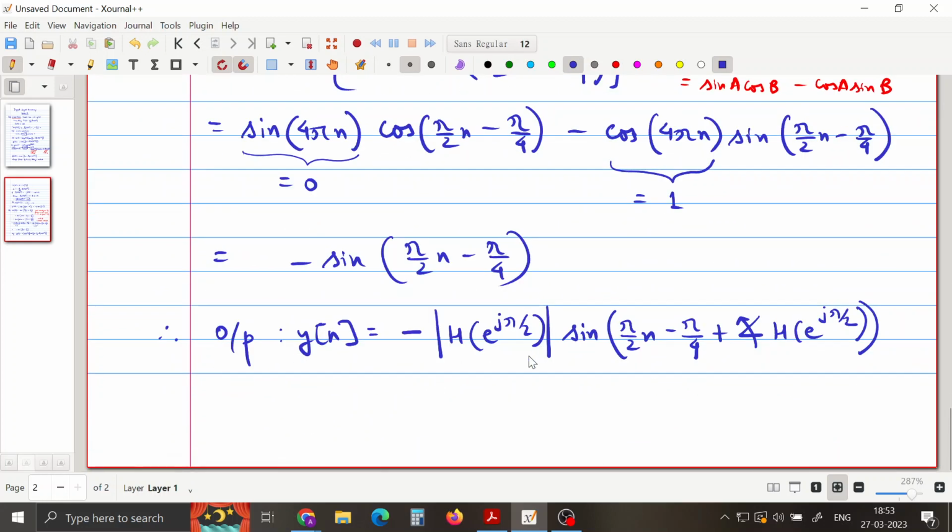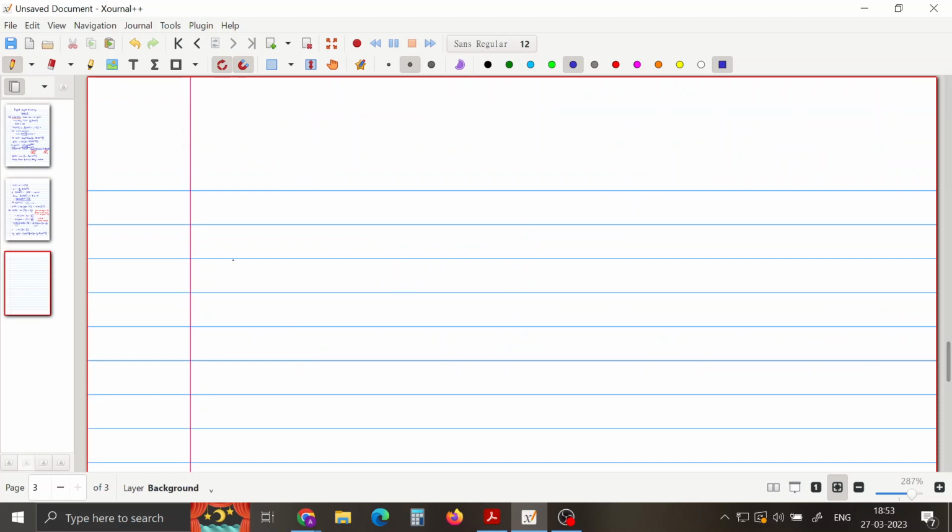So if you just substitute these values here, you will get y of n equals minus 2 sine of pi by 2n minus pi by 4 minus pi.